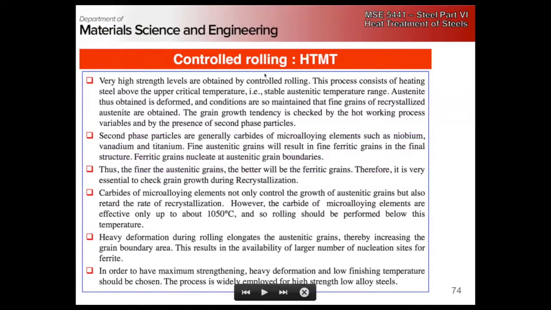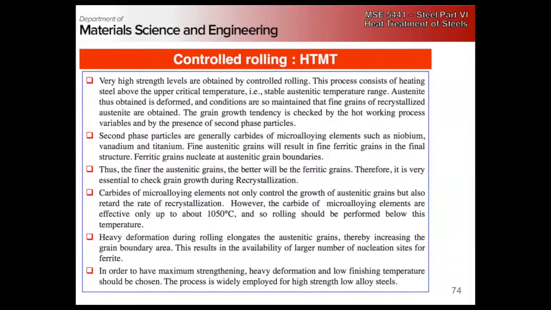And this aspect of controlled rolling or finished processing, right? So in steels, we want very high strengths. So we're going to heat above the upper critical temperature, giving us a stable austenite. And then we're going to deform.